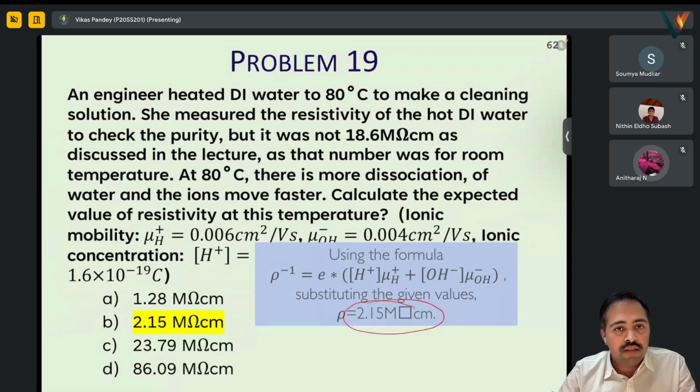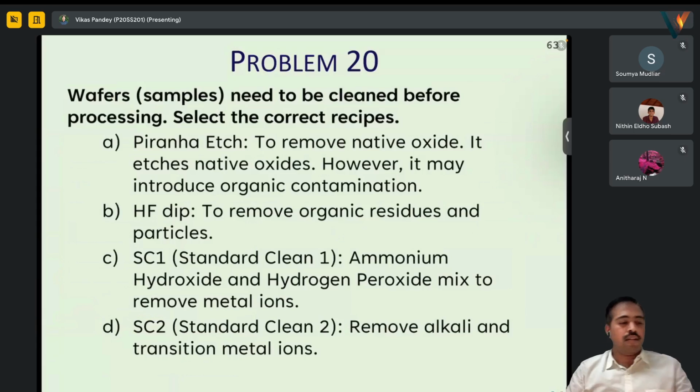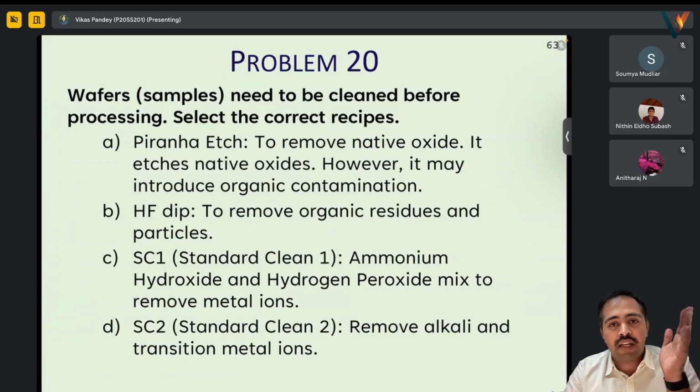Okay, let's discuss the last question. I think we have extended the class a lot, right? So wafers or samples need to be cleaned before processing. Select the correct recipe. Piranha to remove native oxide; it etches native oxide, however, it may introduce organic contaminants.